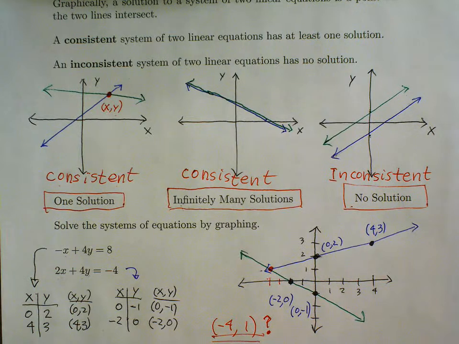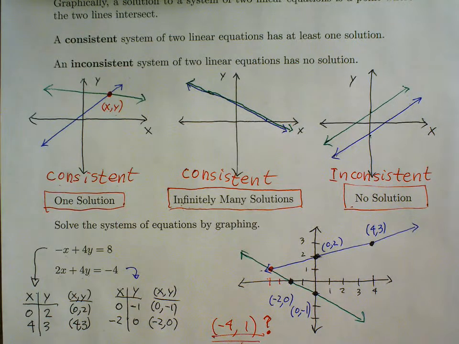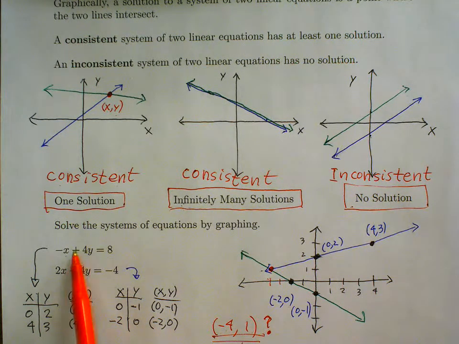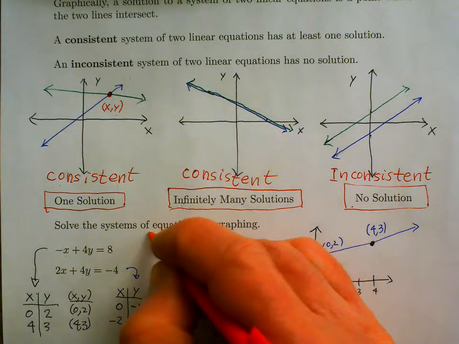But we don't have to leave it to chance. We can check to see if this ordered pair is a point on each of the 2 lines. Right? If the 2 lines intersect at -4, 1, then -4, 1 has to be a point on each line. So why don't we go ahead and check that up here?